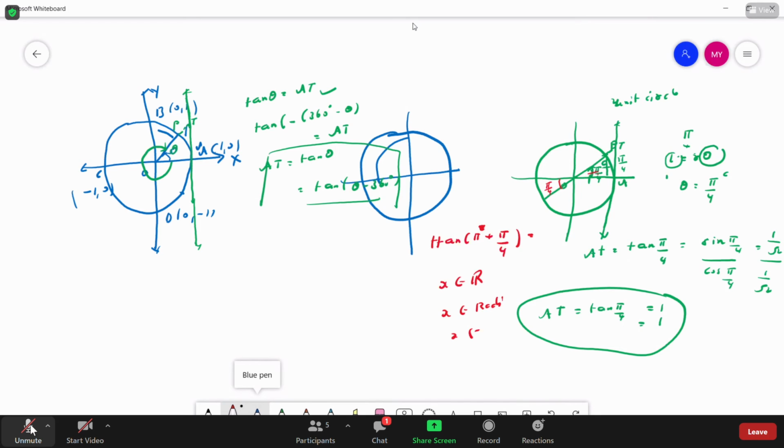If I write it like this, again it will be touching at AT only. I need to extend the same line, so it will be touching at AT only. So this is also 1, right? This is by definition.